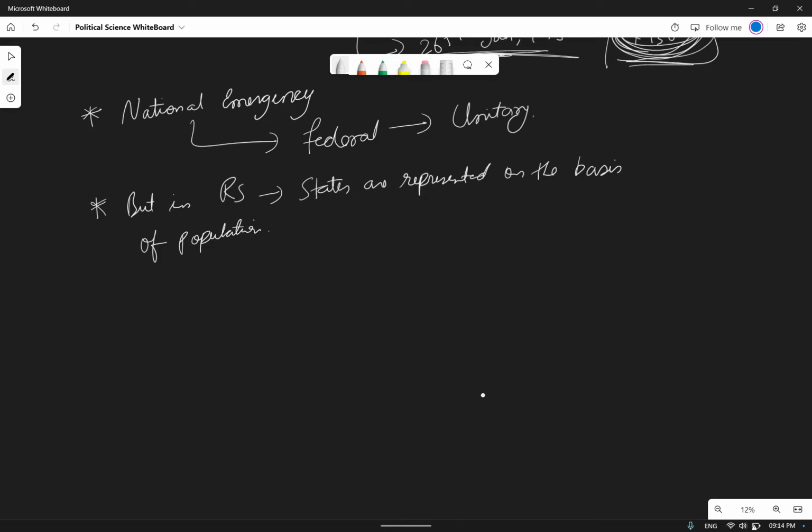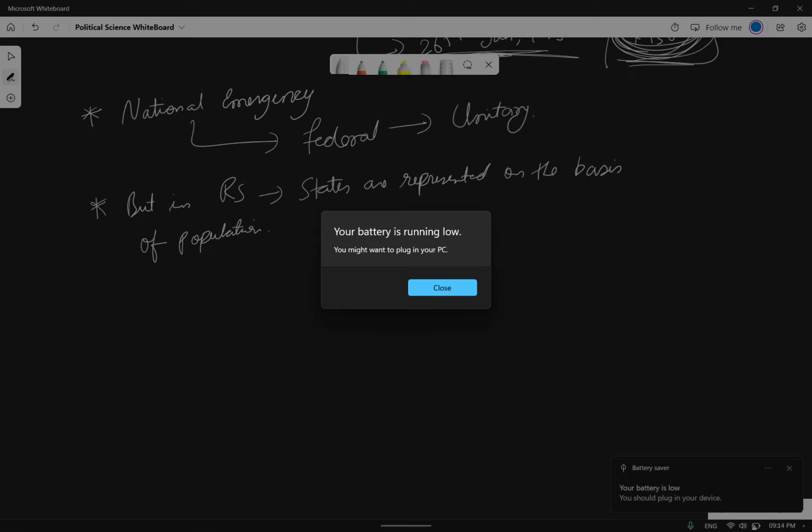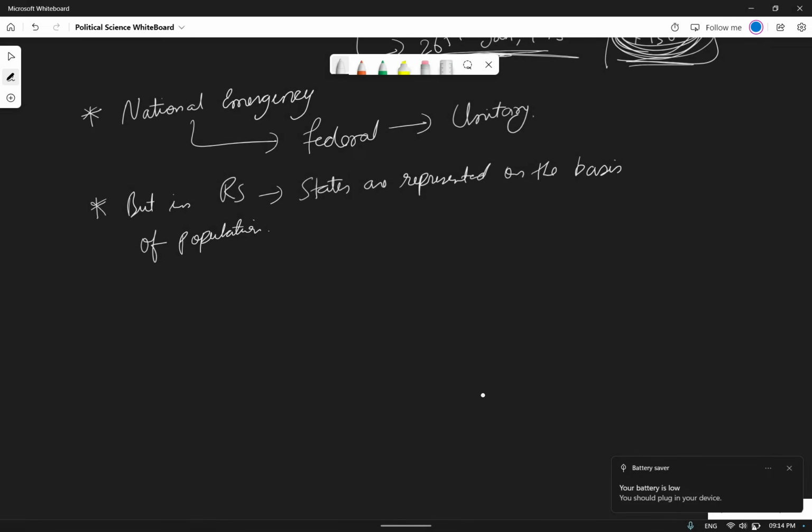Besides, the president has the power to nominate 12 members to the Rajya Sabha. Okay.